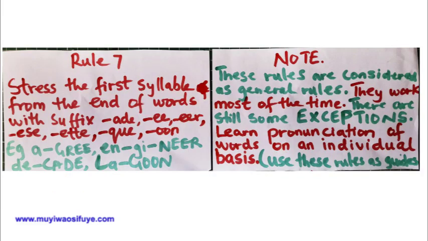Now, rule 7. Stress the first syllable from the end of words with suffix ade, ee, eer, ese, ette, que, oon.